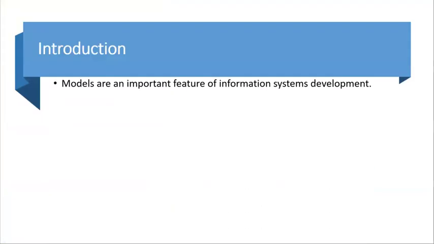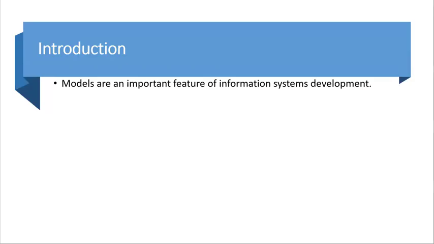Okay. Now, models, ladies and gentlemen, are a central part of information system development. They are not something extra that we add on later. They are part and parcel of the thinking process before actually coding an information system. When we develop a system, we are trying to represent something that exists in the real world.